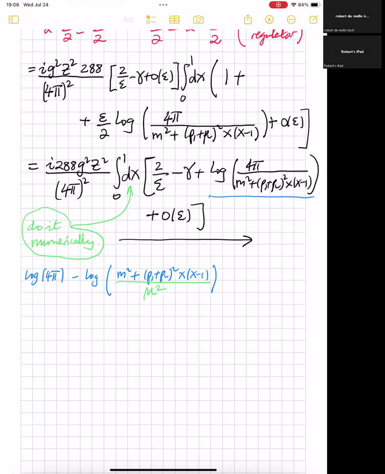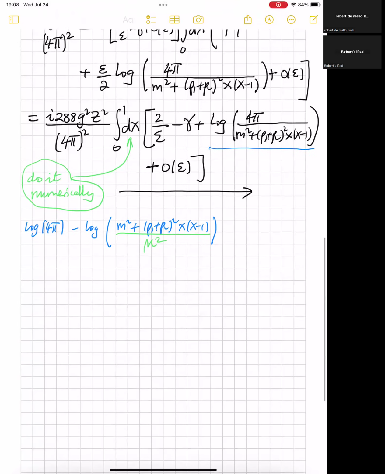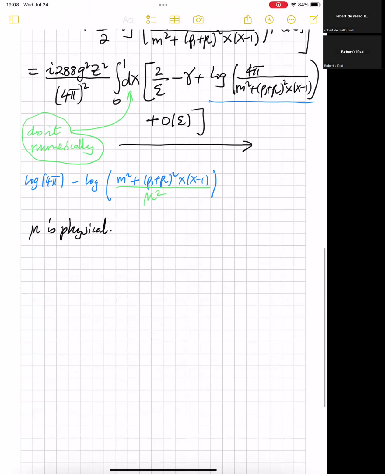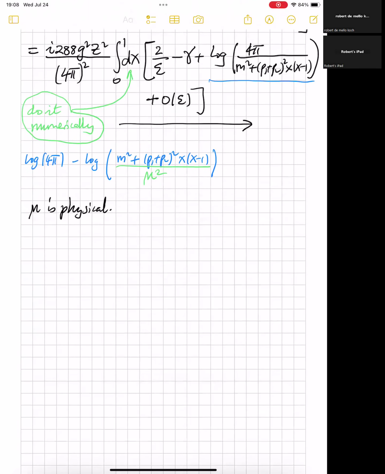But actually, it's the best we can do. This scale that we've introduced is actually physical. So mu is physical. And let me tell you what I mean by that. If you study things like, let's say you study the electric charge squared. So let me write this as e squared. In fact, you might say, well, the electric charge is 1.6 times 10 to the negative 19 coulombs.